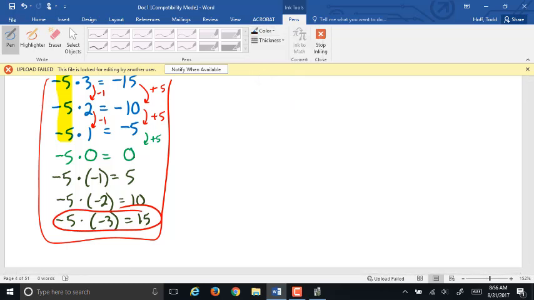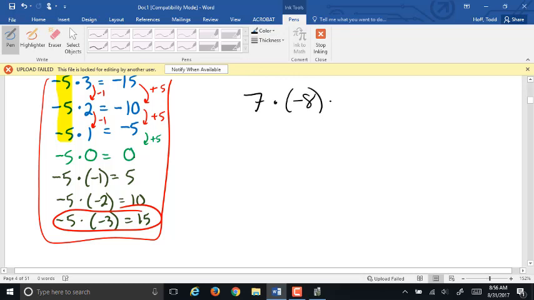So if I have something like 7 times a negative 8, first of all, is my result going to be positive or negative? Negative. A positive times a negative, we saw it's going to end up being a negative result. What is 7 times 8? 56.